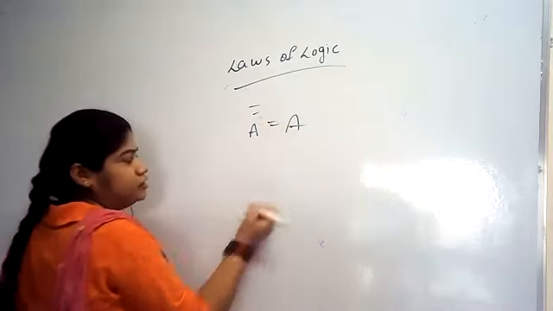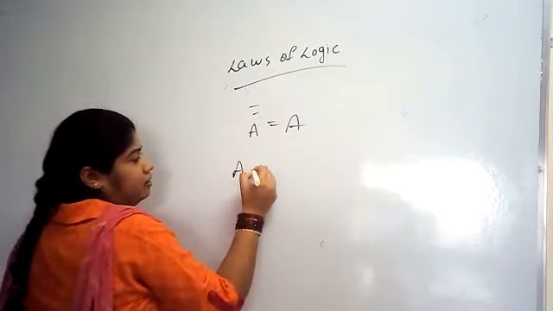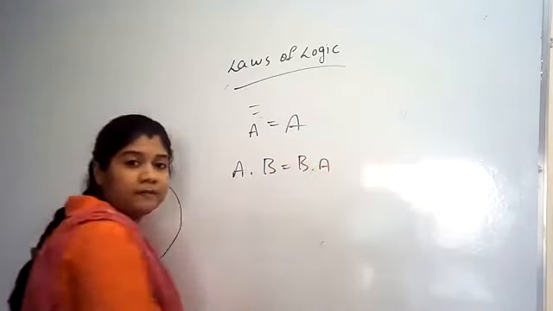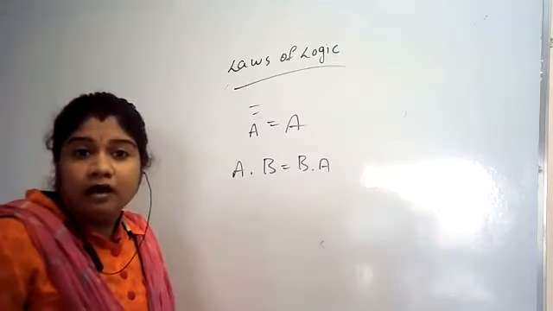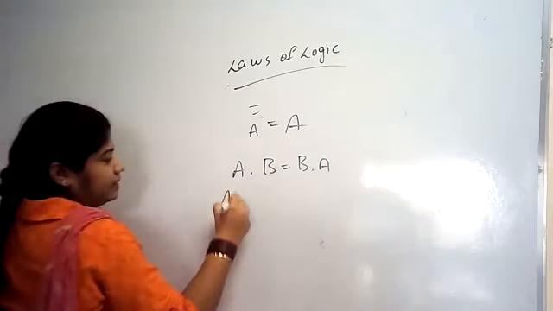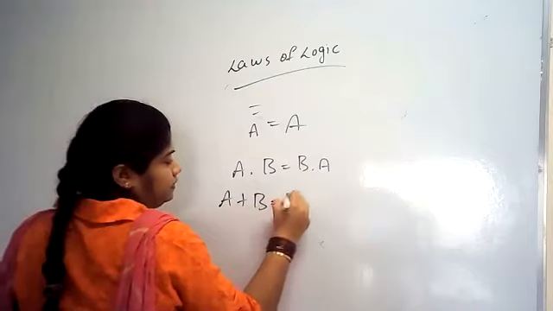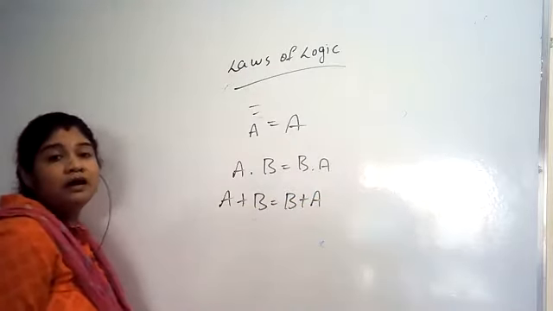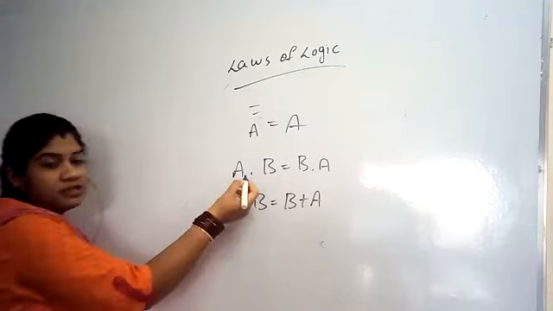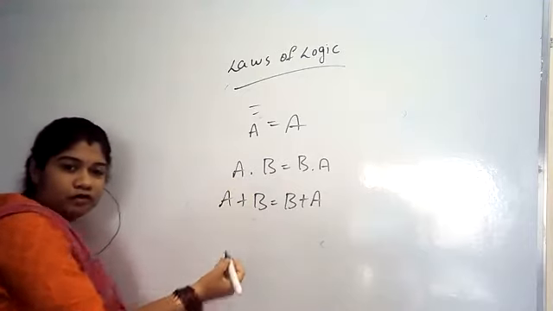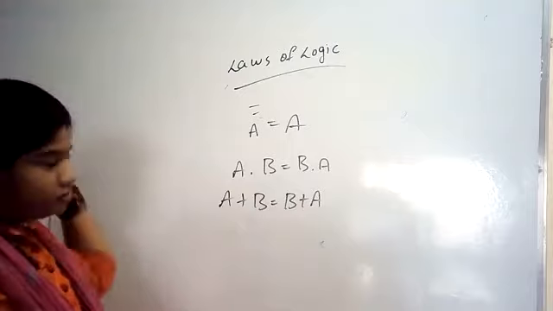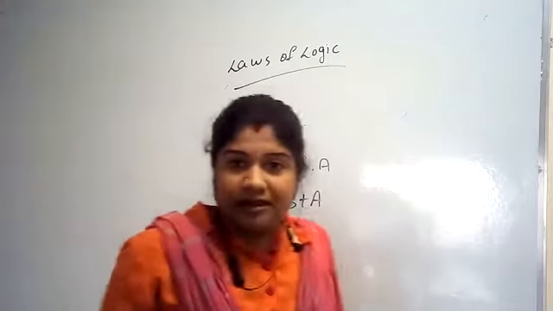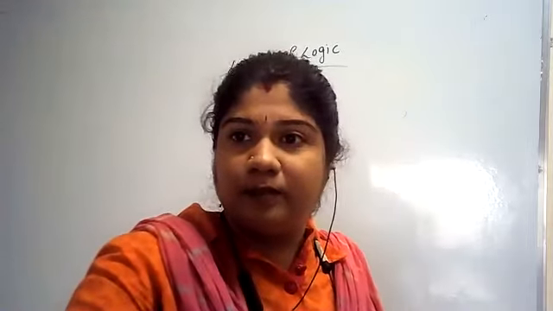A double bar was A. Then A into B is equal to B into A. What is this law? This is nothing but the commutative law for multiplication. Then A plus B is equal to B plus A, the commutative law for addition. We have seen so many laws in digital logic, yes or no?